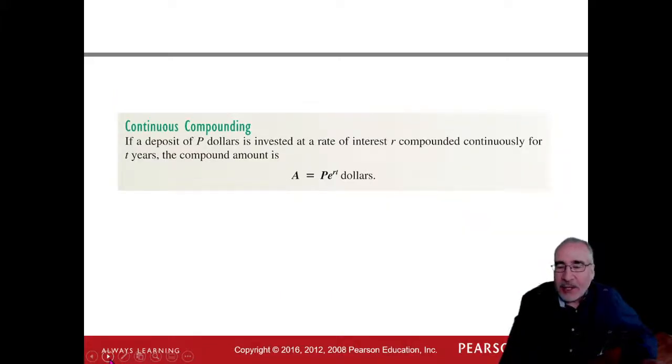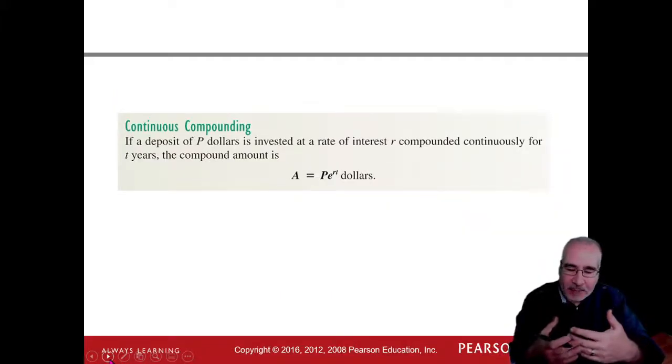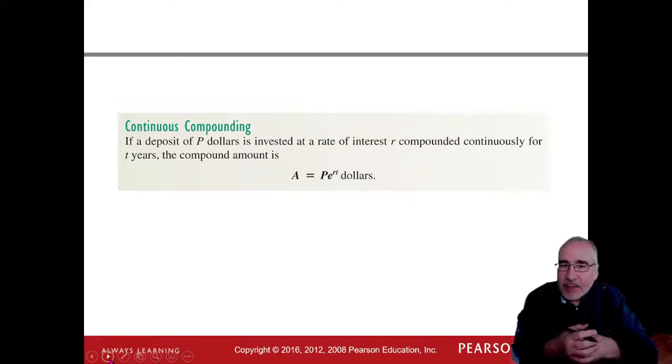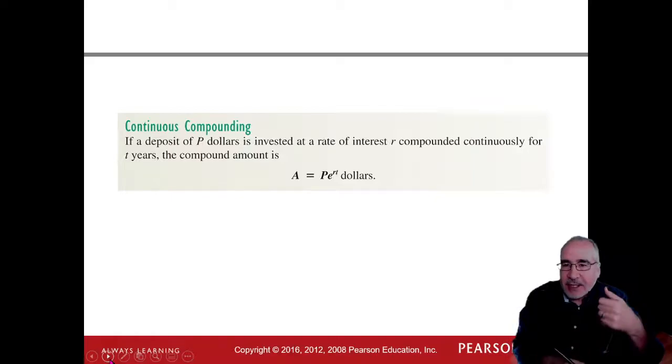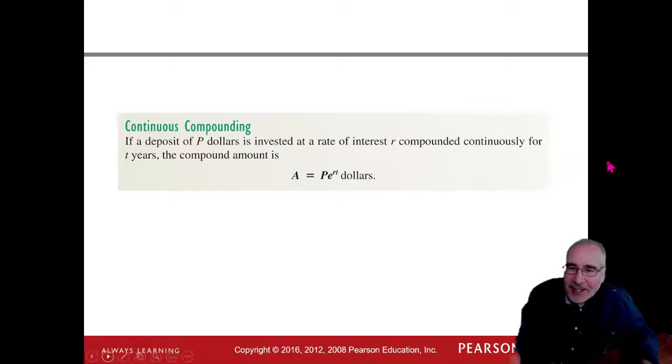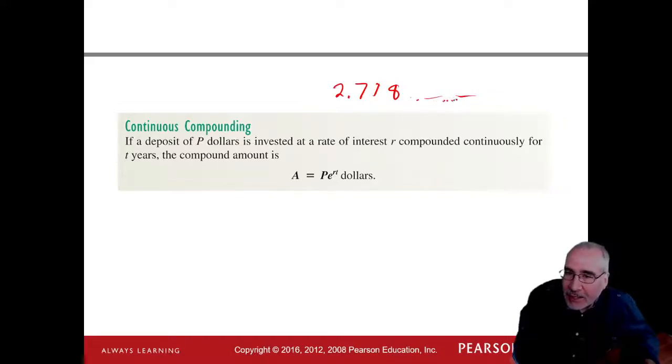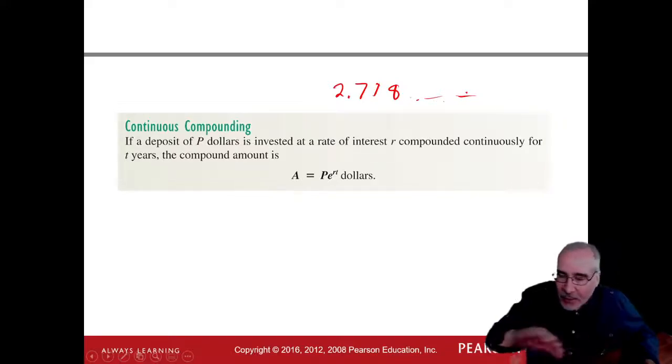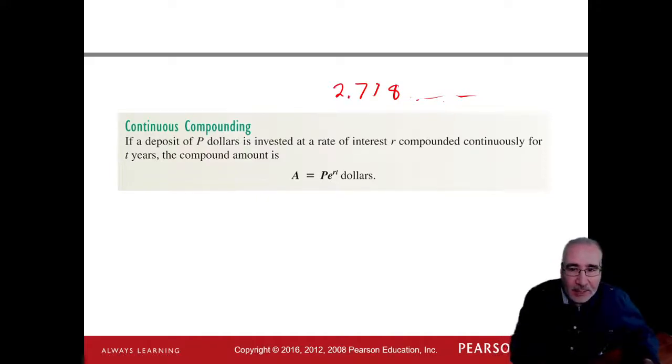Okay. One other concept is the possibility of what they call continuous compounding. That means it's not just every second, but a process that continues continuously, and we get close to this number e, which is 2.718. Again, it's a number like pi that never repeats, and the digits go on forever without repeating.